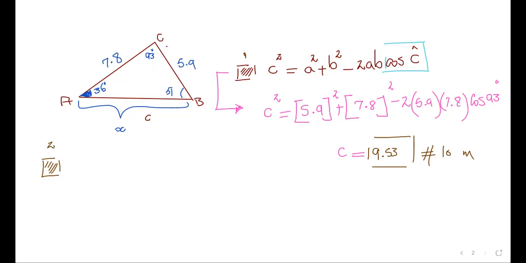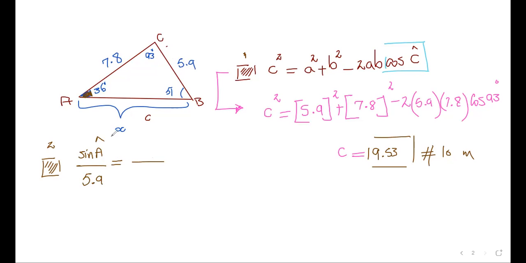Now, the second method that we are going to talk about, method number 2, is that I use the sine law. Again, I need to have a ratio. Look at this, the one which we have. The angle, which is A. I know everything about this. I know the angle, and I know the length associated with the angle, which is in front of it, Oscar. Then I say the sine of A over the length facing it, which is, for example, 5.9, equals what?